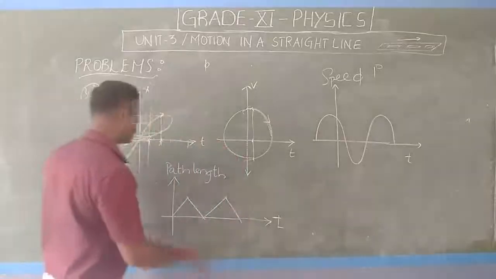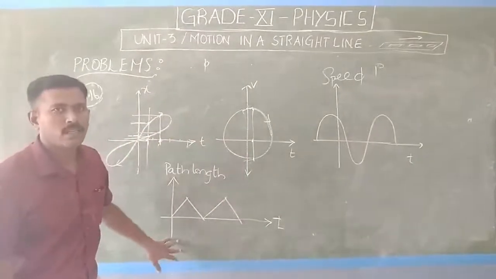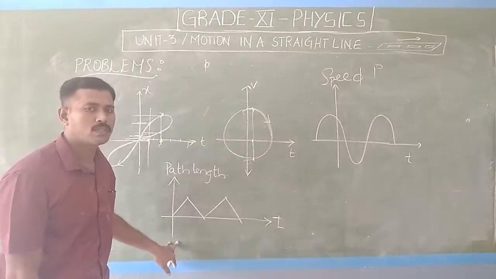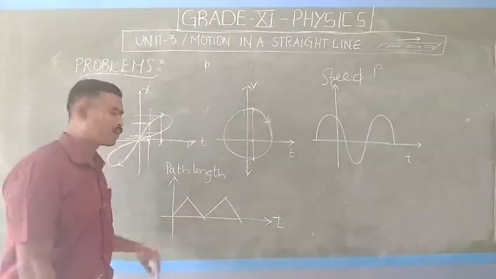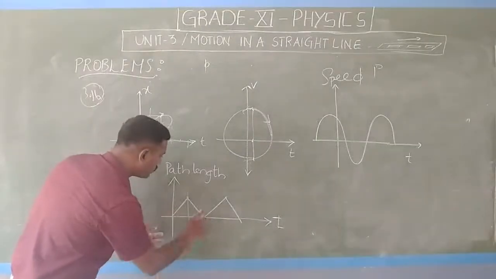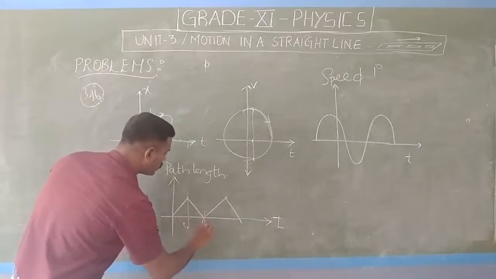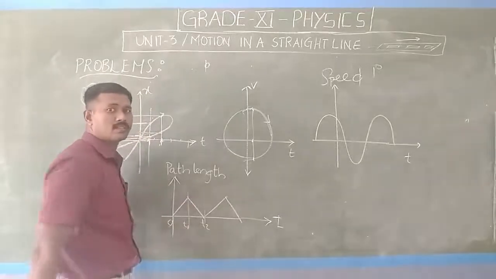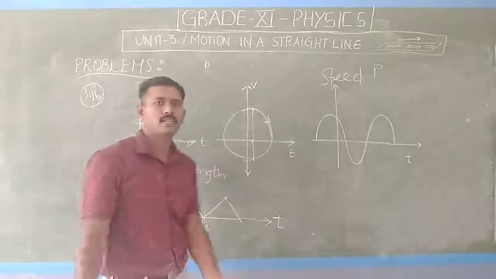Then the path length. The same thing is applicable here: the path length is also positive. Then another thing that you see in the graph here, up to this point, let this be T1 and T2. From 0 to T1, the path length is increasing, and from T1 to T2, the path length is decreasing.